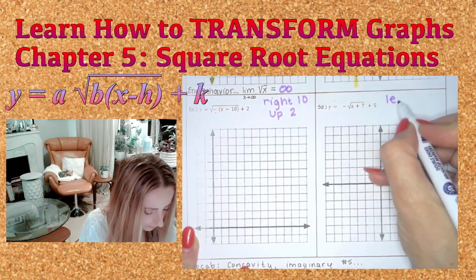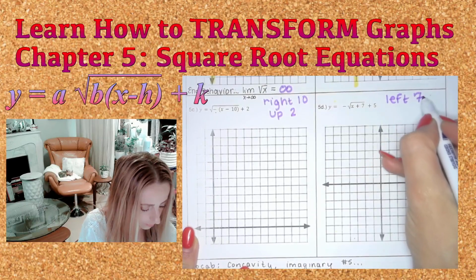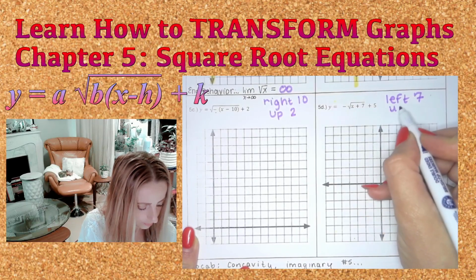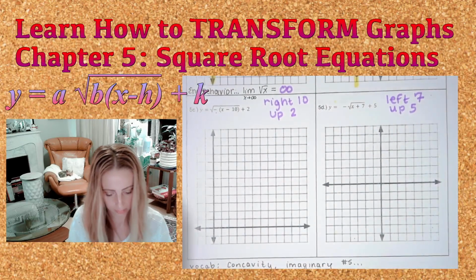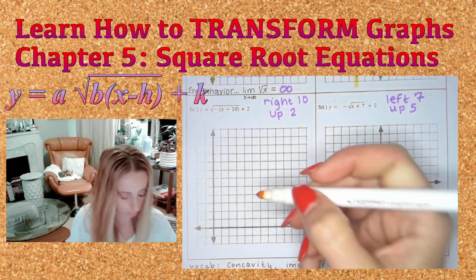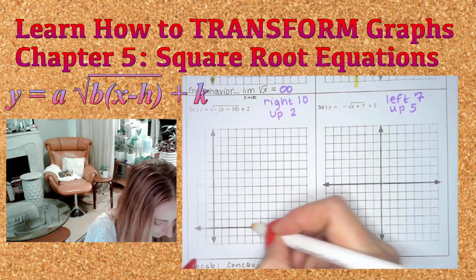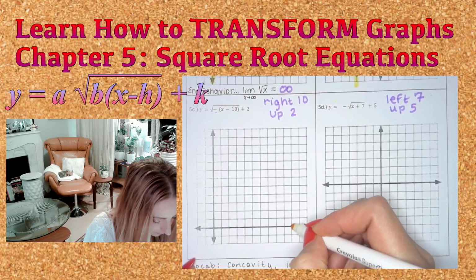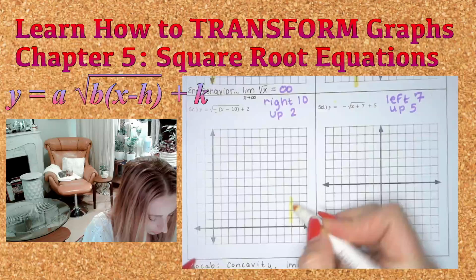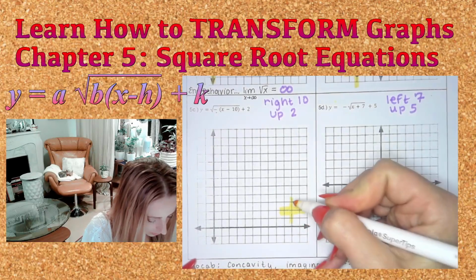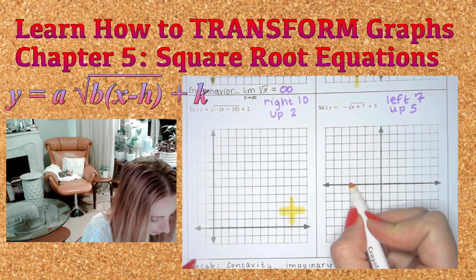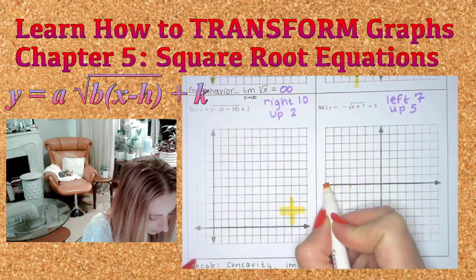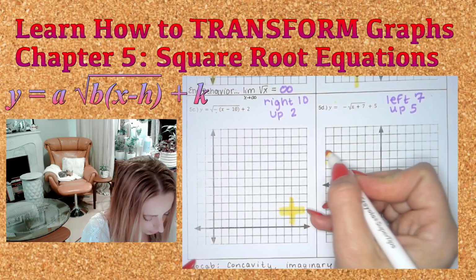Here, left 7, up 5. All right, so great. 10, 2, that's where we will go. Left 7, 2, 4, 6, 7, up 3, 4, 5.